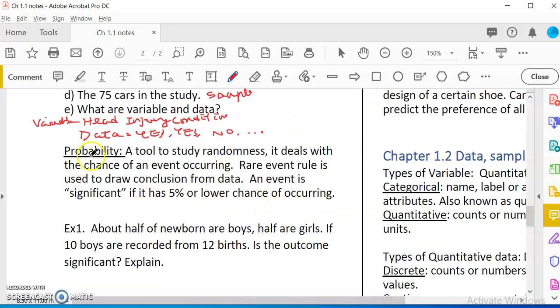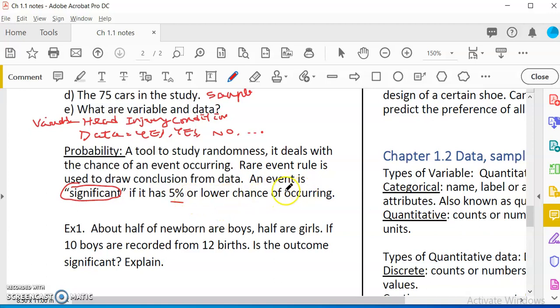The last term that I want to add is related to probability, and there's a term called significant. Now, significant is an English word that means very important, but in statistics, if we describe something as significant, that means that this outcome, this event that I see, has a very low chance of occurring.